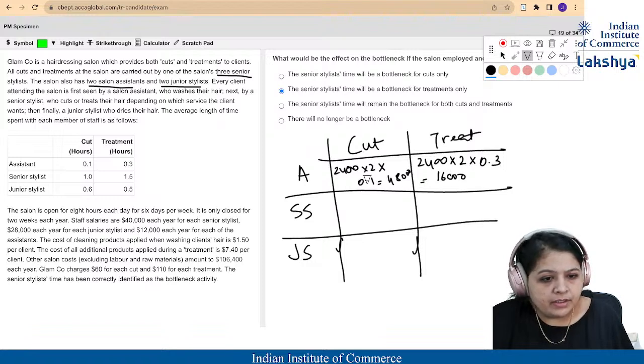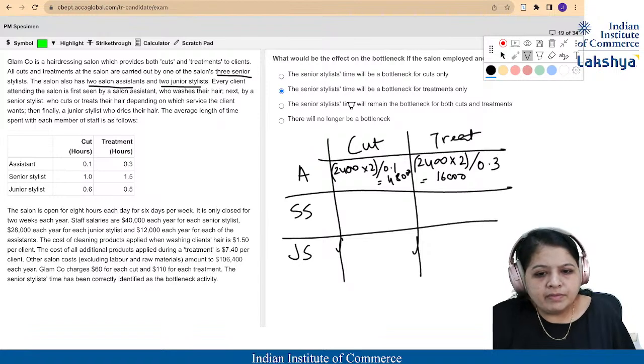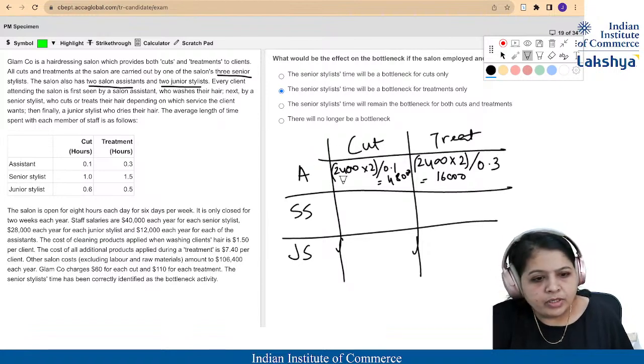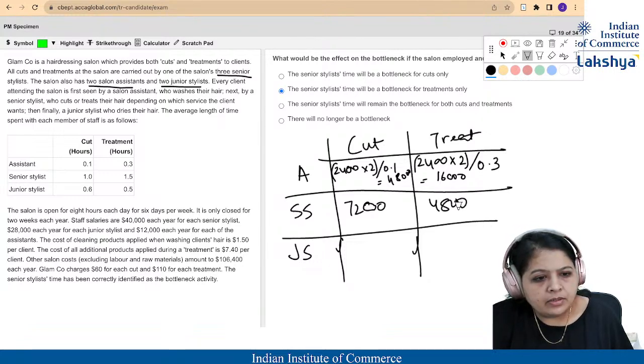So I have to divide it. I'm so sorry, I have to divide this value. So I'm just going to take this and divide it with the time taken, right? Same logic when we use for senior stylist, the value becomes 7,200 and 4,800, right?